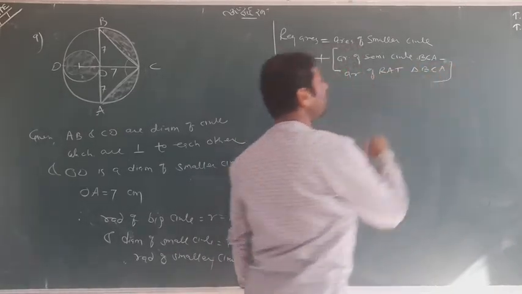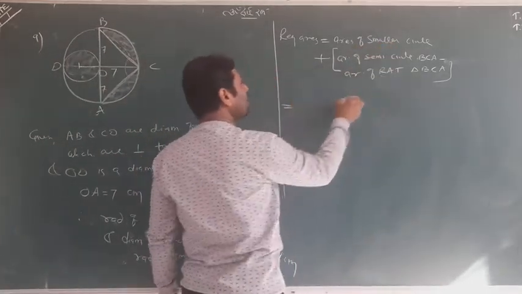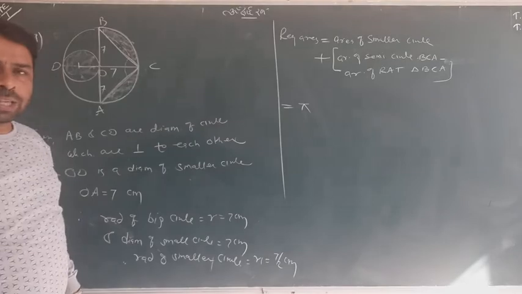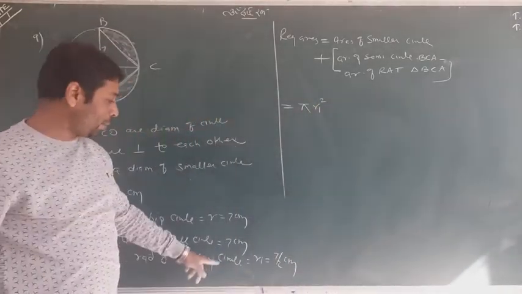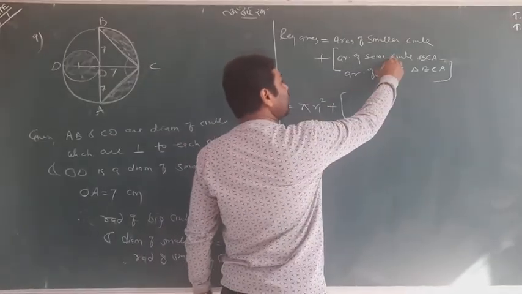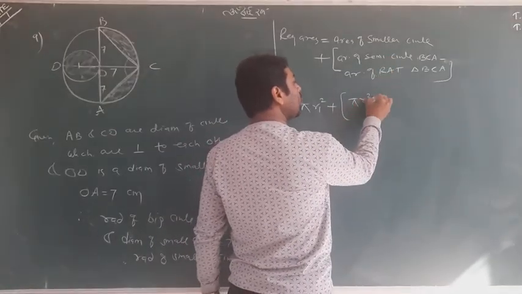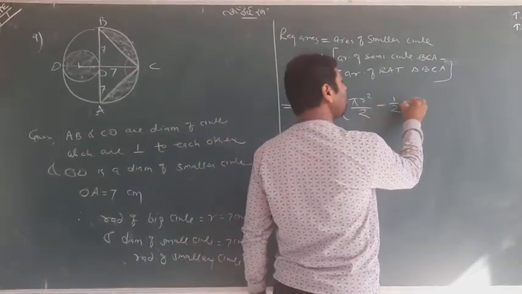That's simple. Area of smaller circle is pi r square, but I am writing pi r1 square because I changed the name for the smaller circle radius. Area of a semicircle is pi r square upon 2. Area of a right angle triangle is 1 upon 2 base into height.